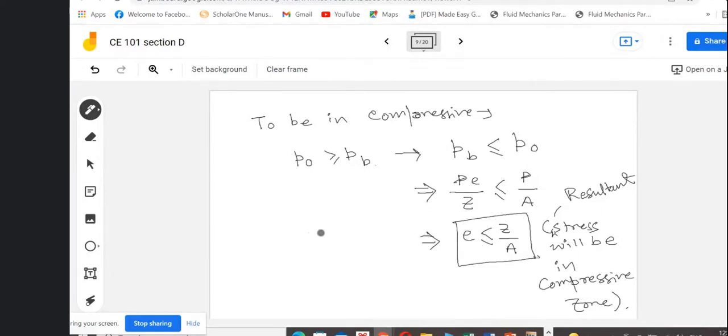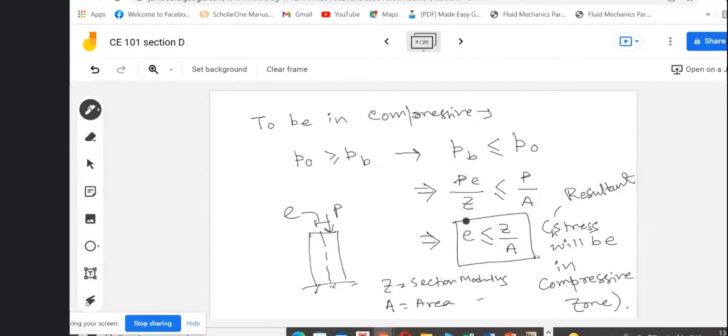What is E? If this is the column and this is the column central line, the P is acting here, and this is the distance E. So this E should be less than or equal to the ratio of Z by A, where Z is the section modulus of the section and A is the area of that section.